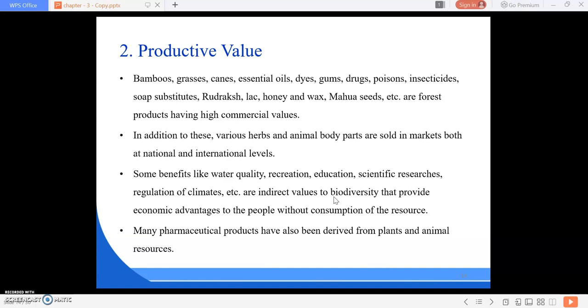Penicillin and tetracycline are among the 3000 antibiotics extracted from microorganisms. Guggul is an oleogum resin long used in Ayurvedic medicine for its anti-inflammatory and hypocholesterolemic activity. So, these are the productive values of biodiversity.